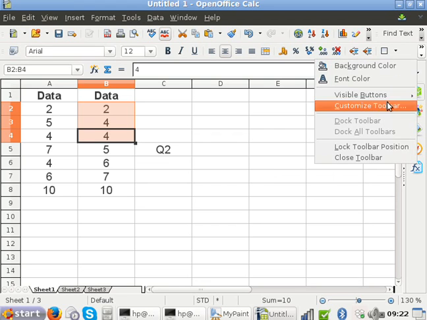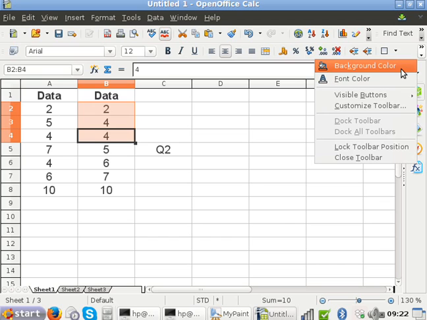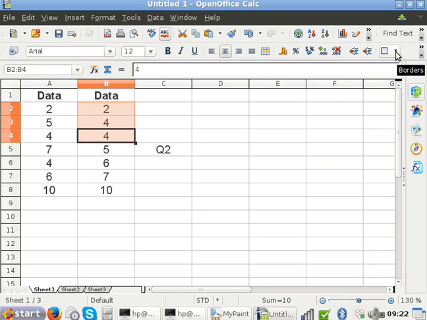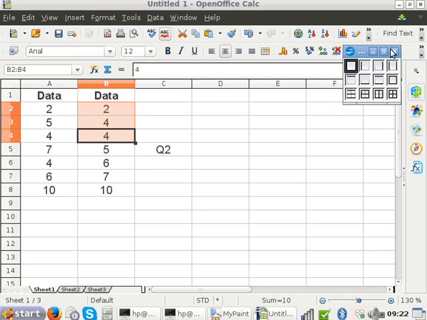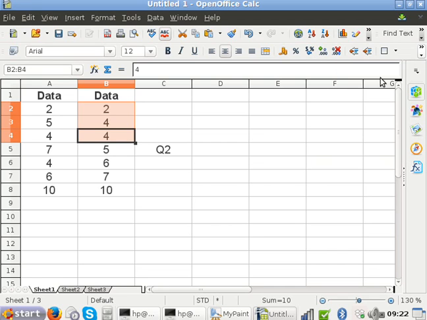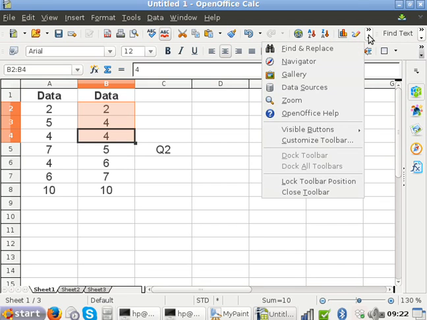That did nothing. Sorry, that's not doing anything. Font colours. Ah, alright. It's not wanting to cooperate.